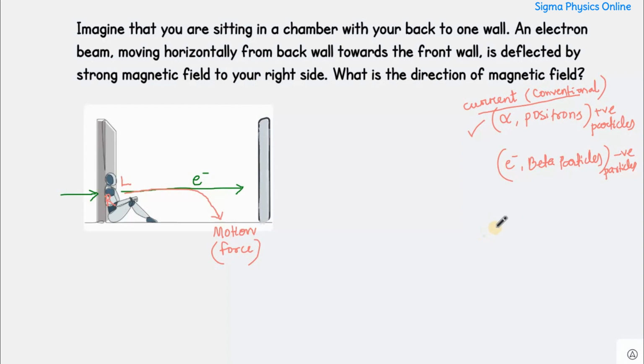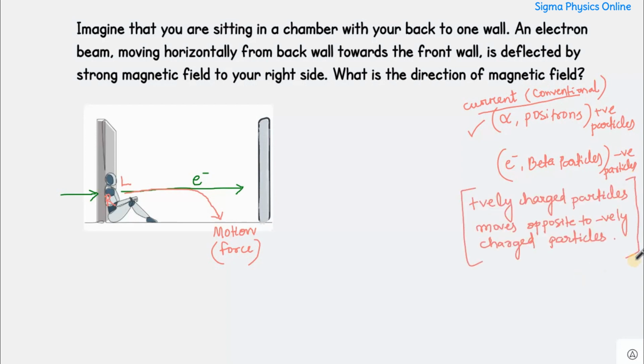And remember one thing, positively charged particles move opposite to the negatively charged particles. And in which way the positively charged particles will move, that direction we have to consider the direction of flow of current. So coming back to our question now, here we see the electron is moving away from our body, that is, it's moving towards the right side.